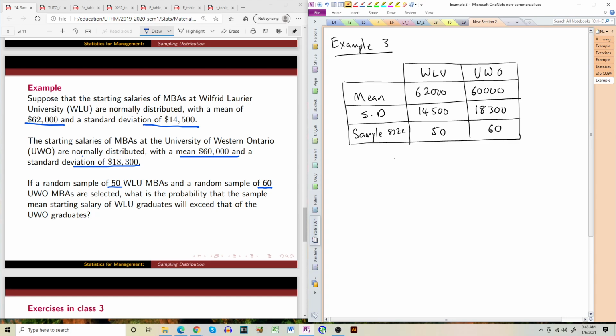They are asking what the chances are that WLU people have a greater salary than UWO.